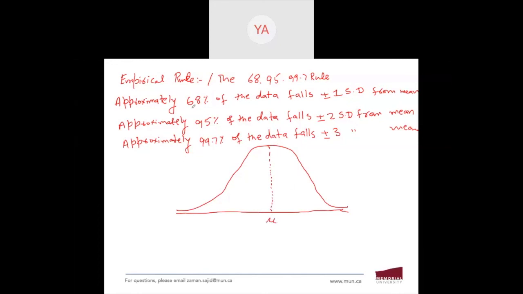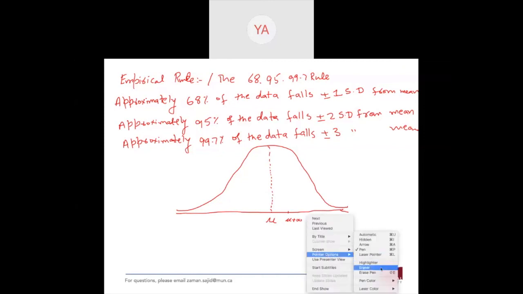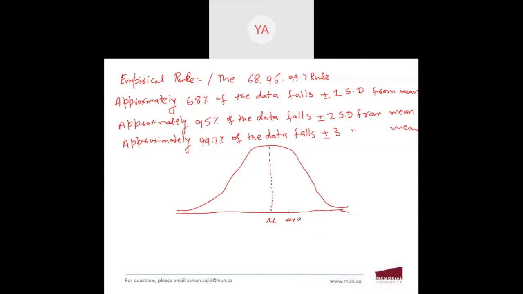Now it says that approximately 68% of the data falls plus minus 1 standard deviation from the mean. So I add 1 standard deviation to the mean on the right side, and this becomes mu plus sigma.